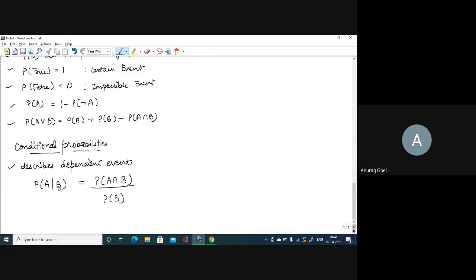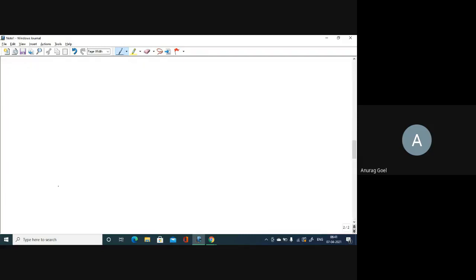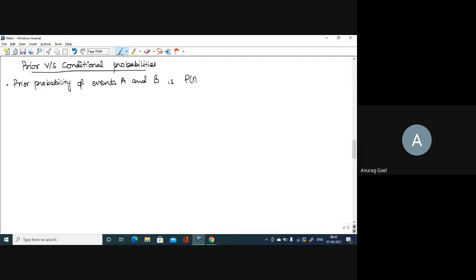Okay, so now there is something known as prior versus conditional probabilities. The prior probabilities of events A and B are PA and PB.